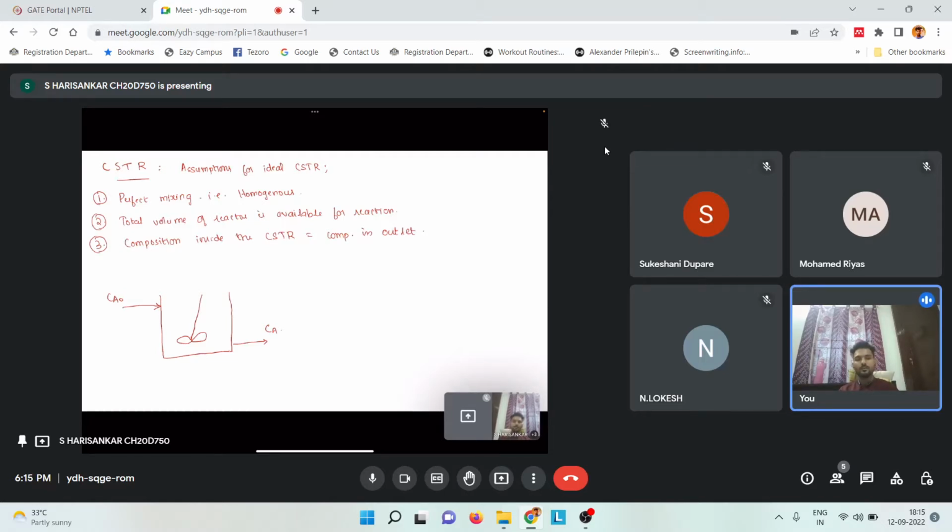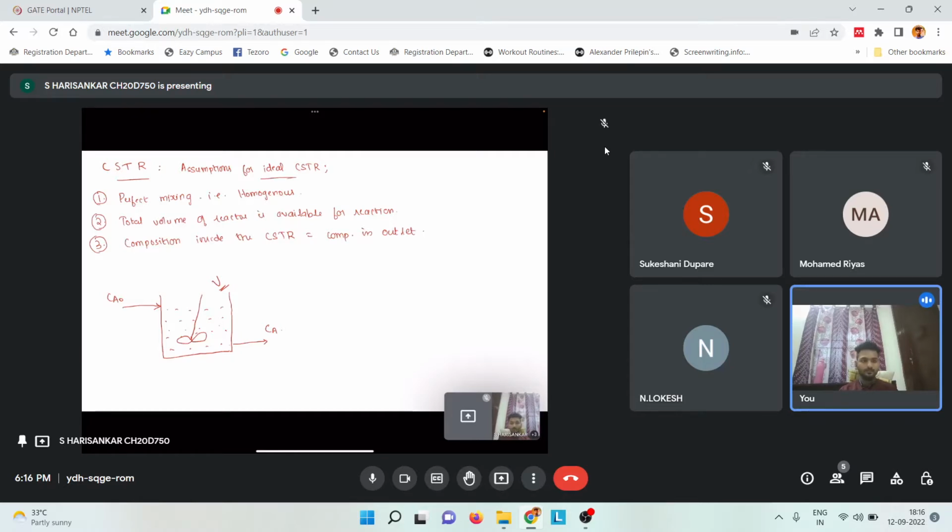The first assumption is that whatever is inside this CSTR is homogeneous. That is, the mixing is 100% perfect. The second assumption is that the total volume of the reactor is available. So if V is the volume of the reactor, the whole of V is available for the reaction to take place.